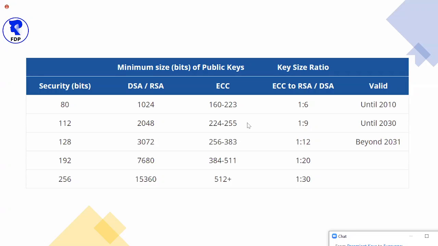The same level of security can be provided by an elliptic curve cryptography algorithm if it uses just a fraction of the key size, just under 255 bits. It provides the same level of security as RSA 2048 keys provide.